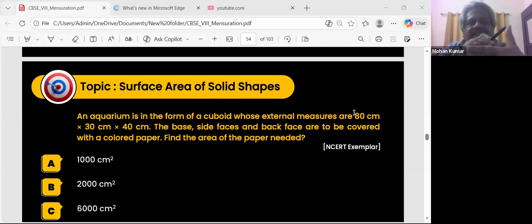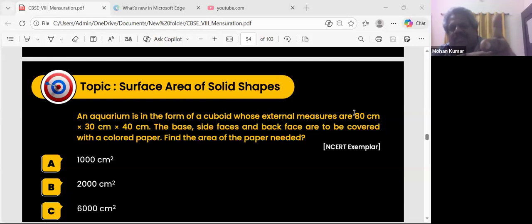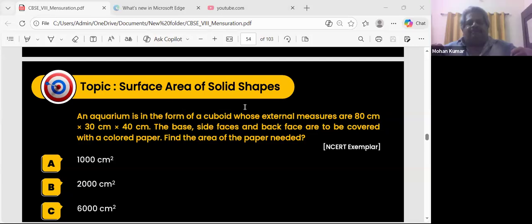It is having breadth. When I show you like this, can you see me? We have length, breadth, and height. Is it correct?